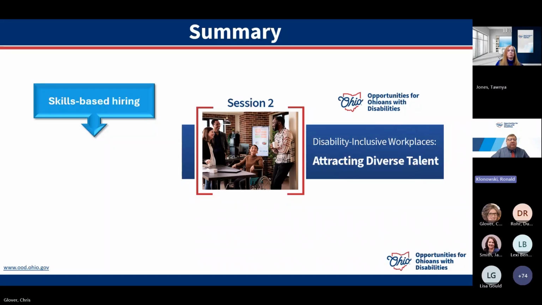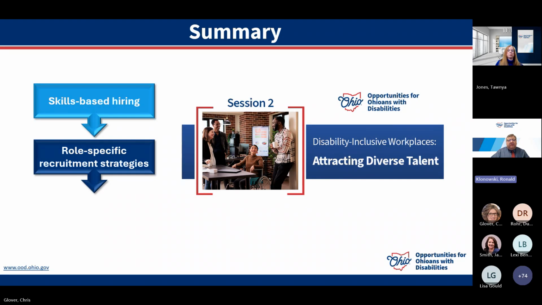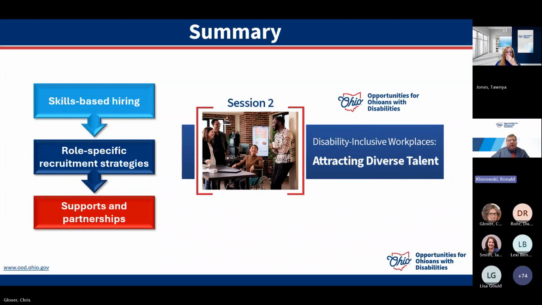We discussed role-specific recruitment strategies and how tailoring job descriptions and outreach can help attract qualified candidates with disabilities across all levels of your organization. And we shared the importance of supports and partnerships that can help you build a more inclusive hiring process. Inclusive hiring builds a stronger, more innovative workforce, and you don't have to do it alone.